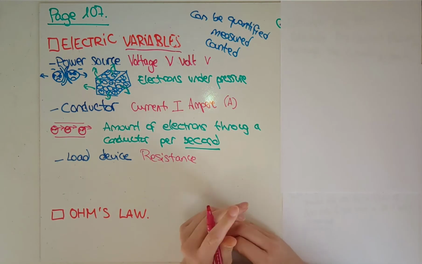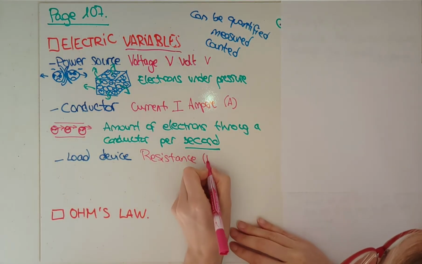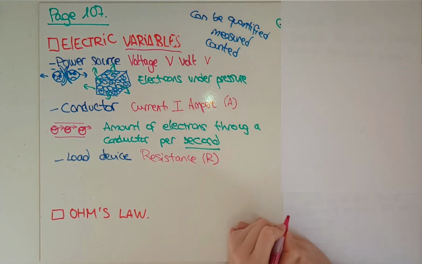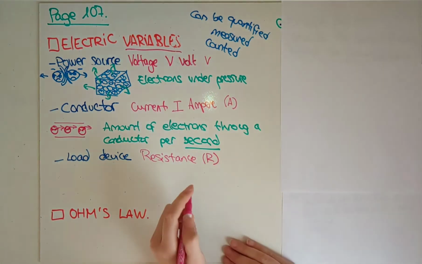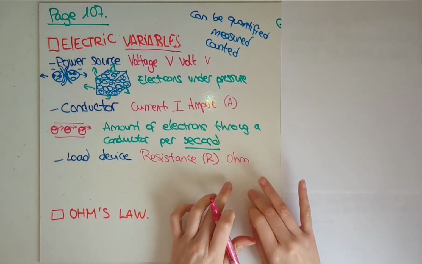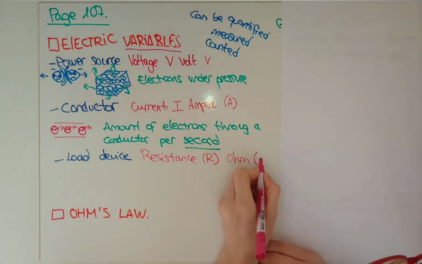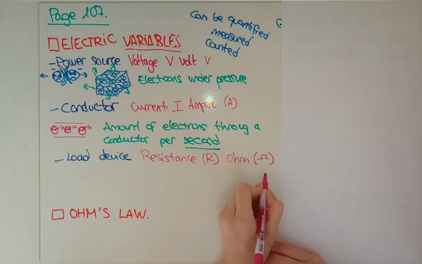The resistance, we use the capital letter R, and the unit of measurement is the ohm, okay? And the symbol of this unit is the omega Greek letter, this symbol.